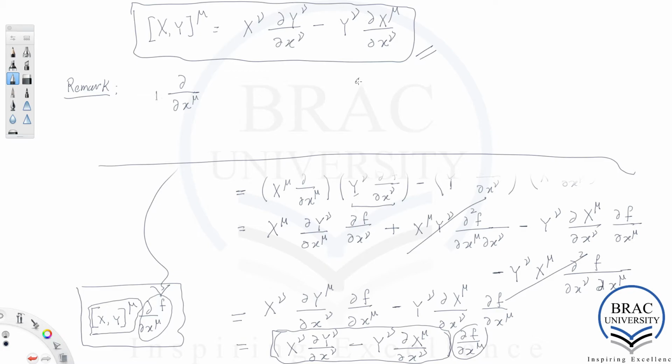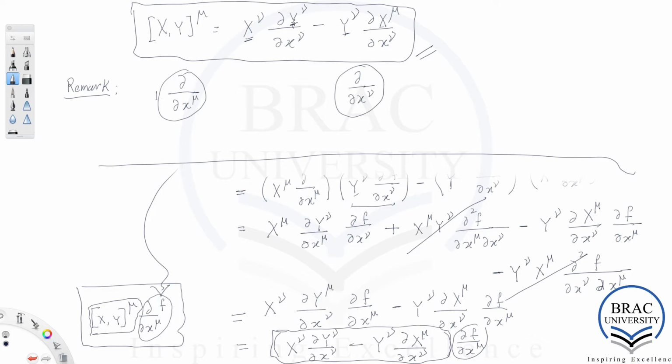The same is true for ∂/∂y, ∂/∂x^nu. So all these components for these vector fields are constant numbers, which is just 1.